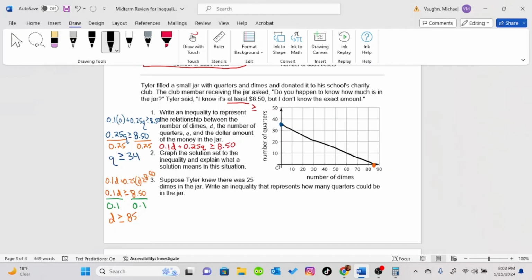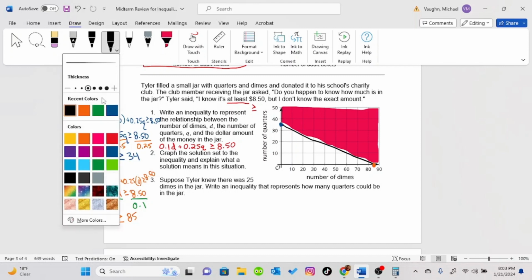And because we want the total amount to be greater than $8.50, we want the shaded region above these, because more than this number of quarters or dimes will give us more than $8.50. Anything on the line will give us exactly $8.50. And anything in the non-shaded region would give us less than $8.50.